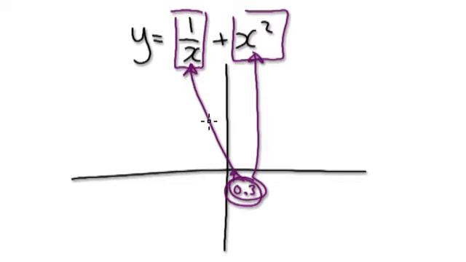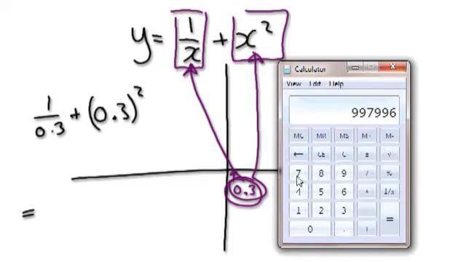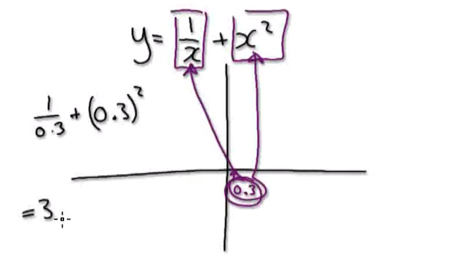So you're trying to plot y here. Let's put 0.3 in here. So 1 over 0.3 plus 0.3 squared. Using the calculator, 1 divided by 0.3 equals 3.33, say.